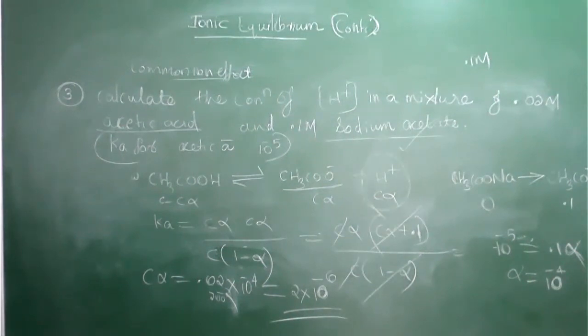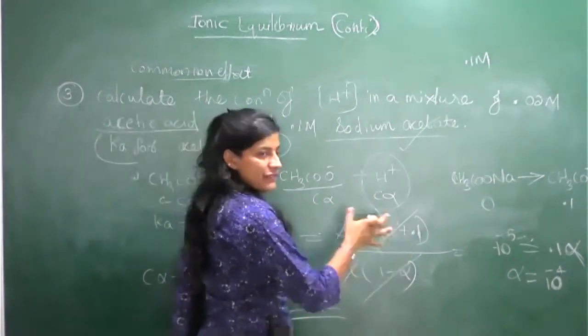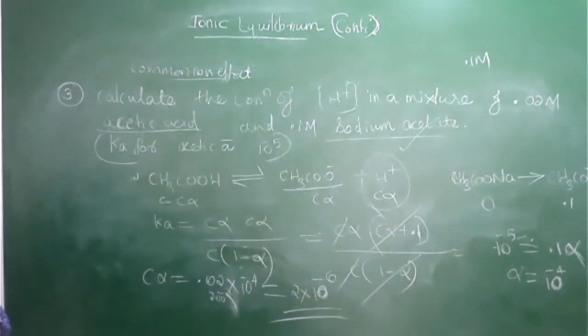But when we discuss the ammonium chloride and ammonium hydroxide relationship, in that time we can't neglect the term, whereas here we neglected the C alpha term directly. Okay, we can do, then we will get the answer.